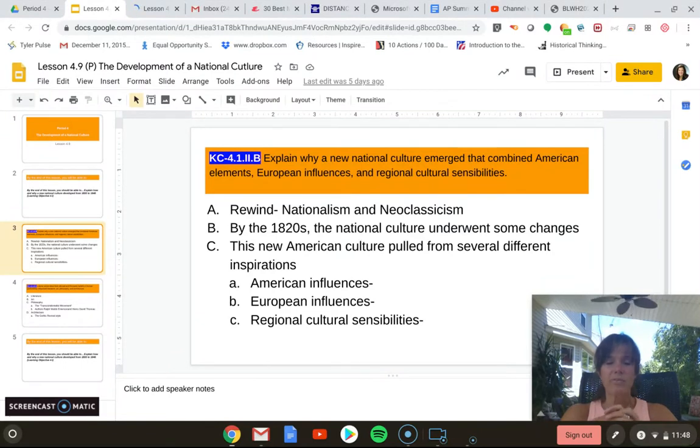So we see more of the importance of the individual, as well as the West. Our culture and our art and literature during this time period pulls from 3 different inspirations: American influences, European influences, and regional cultural sensibilities.